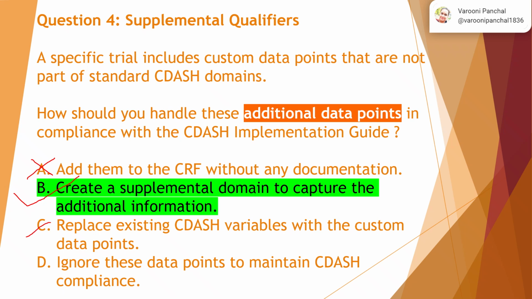No, you cannot replace any CDASH variables with custom data points, because if you do that, you are not in compliance with the CDASH implementation guide. Option D says ignore these data points to maintain CDASH compliance. No, you cannot ignore any data points whenever you are dealing with clinical trial human data.